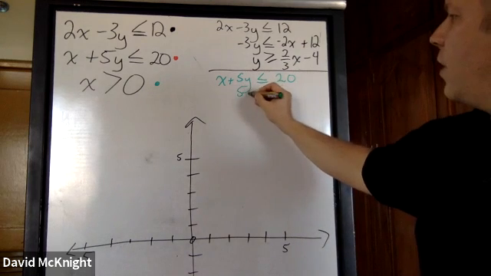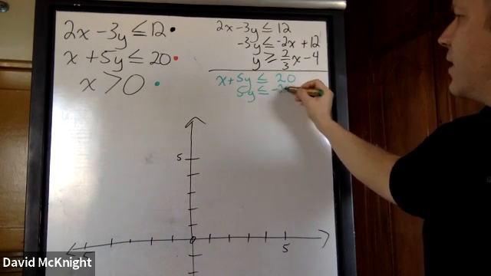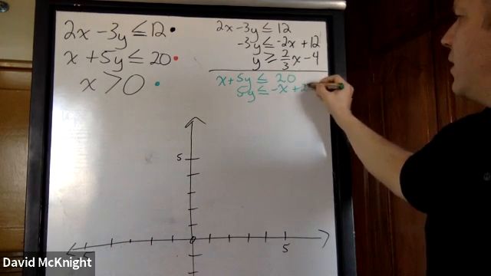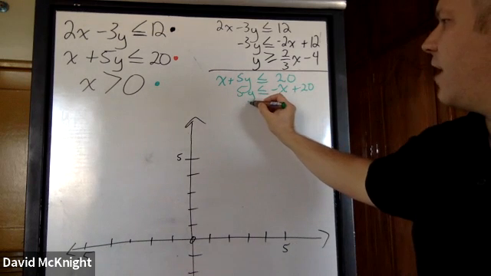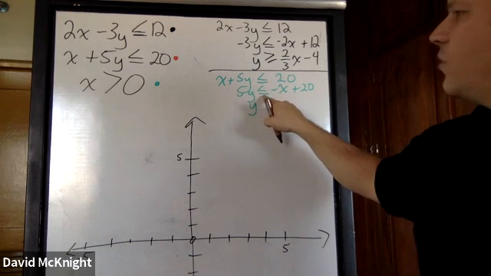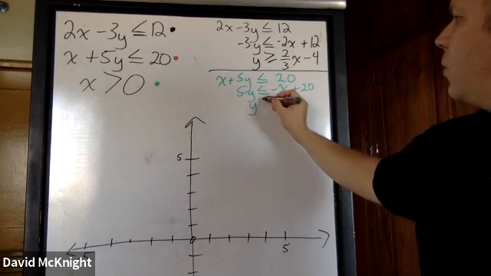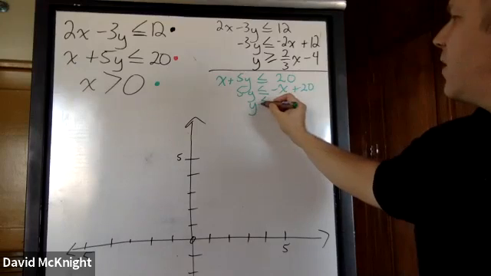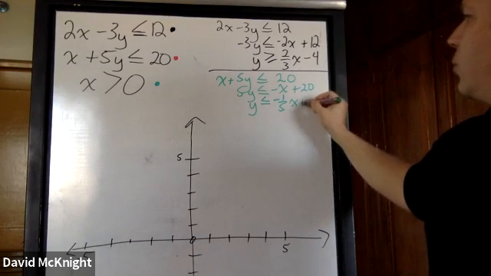So 5y is less than or equal to negative x plus 20. And then to undo the multiplication, we're going to divide everything by 5. So y, and we don't change the sign here because we're dividing by a positive. y is less than or equal to negative 1/5 x plus 4.